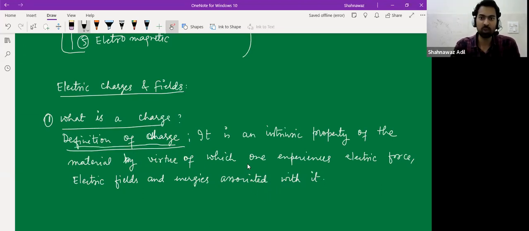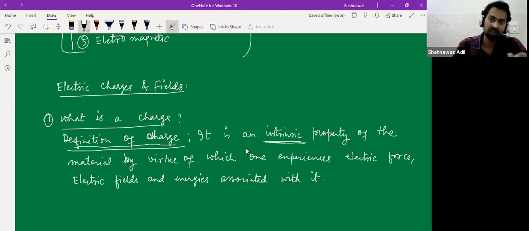So the first point to remember in this part is that it is an intrinsic property, right? It comes with the body, with the material. Whenever you have some mass, it will automatically have a charge, whether it is negative, positive or neutral.